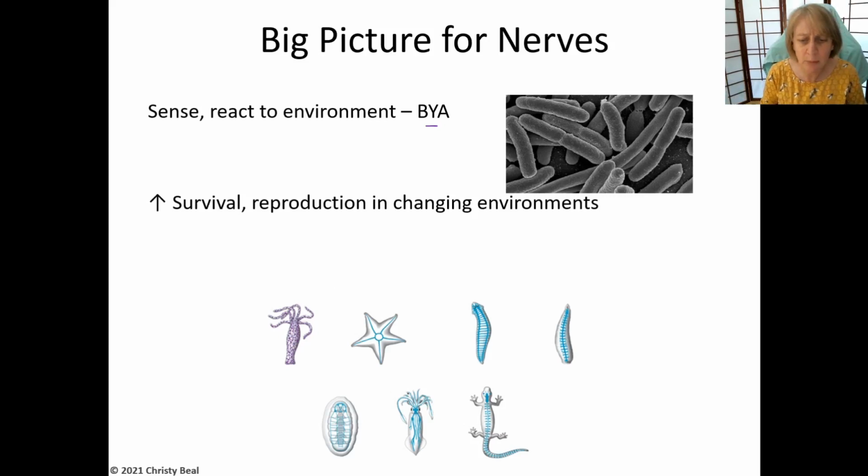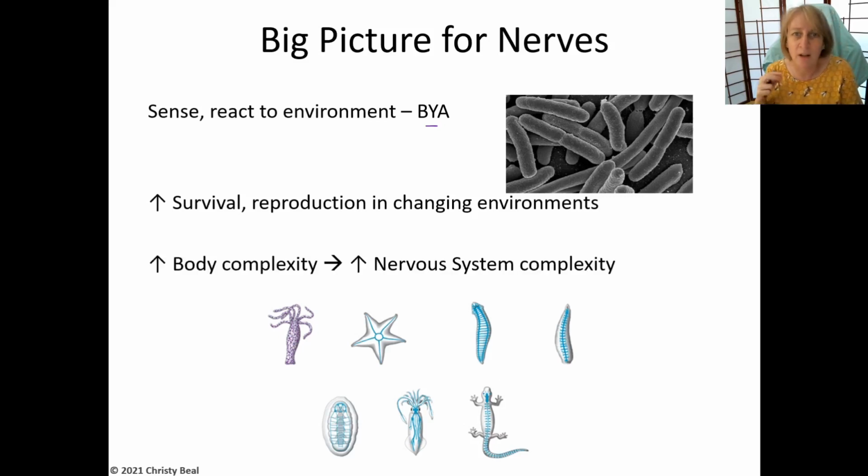And I want to look at a couple different types of animals and talk about how their nervous systems work. Now, the more complex their bodies are, the more complex their nervous systems are going to be. And this actually correlates as well with how complex and changing their environment is.